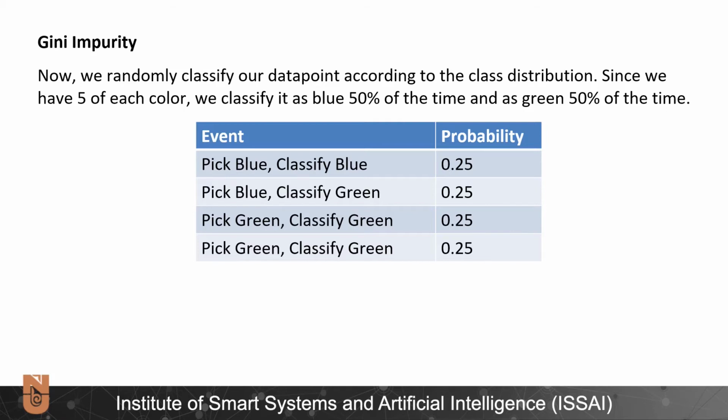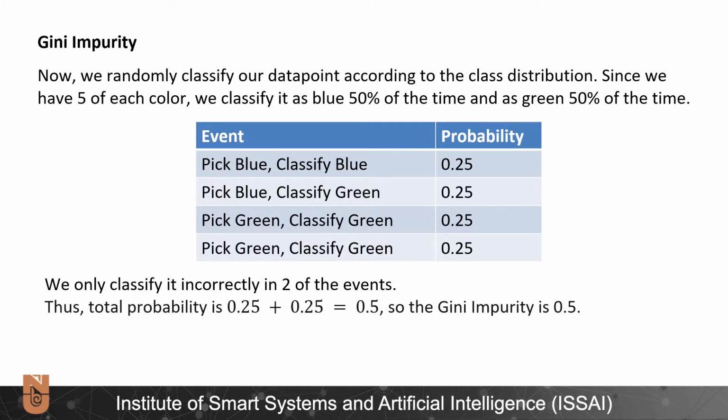Probability of picking green and classifying green is 0.25. And picking green and classifying blue is 0.25. So we only classified incorrectly in 2 of the events. Thus, the probability is 0.25 plus 0.25, which is equal to 0.5. So the Gini impurity is 0.5. And we could calculate it by following formula.